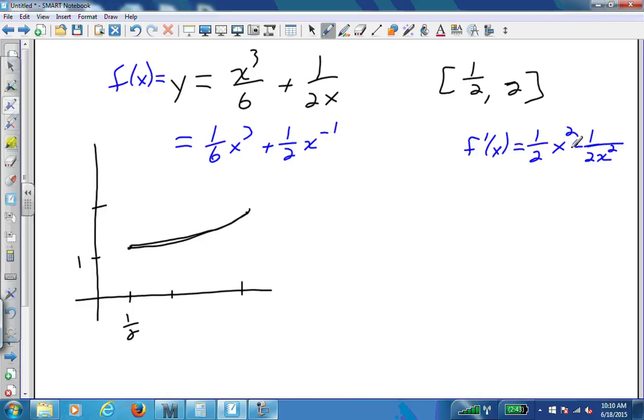Both of those have a 1/2 in them, so we could, if we wanted to, factor a 1/2 out and say 1/2 times x squared minus 1 over x squared.